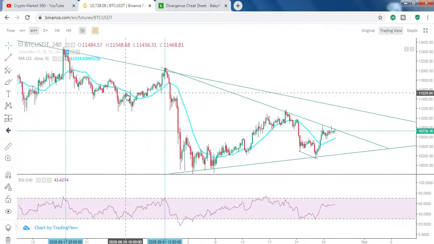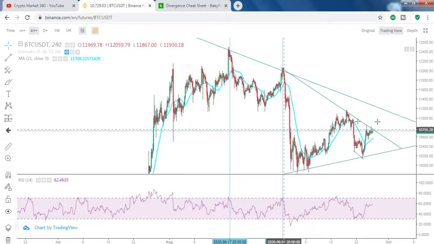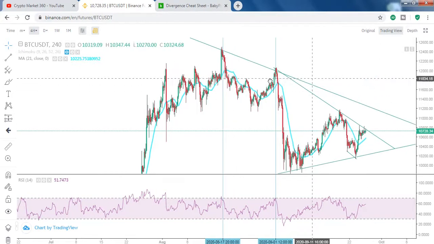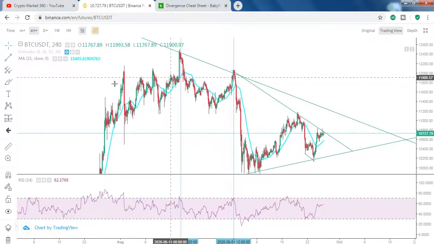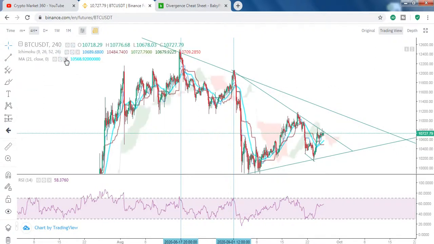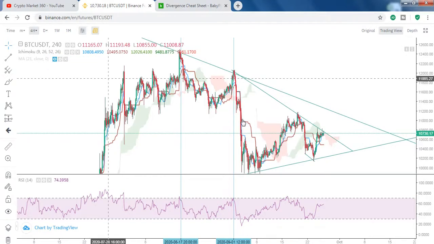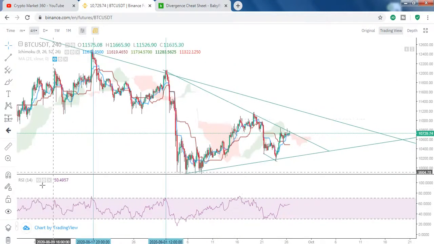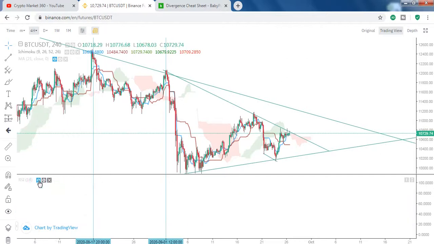As I moved from chart to chart, the line has changed a little bit. It's okay. Another thing I want to show you is the Ichimoku cloud. So let's hide this 21 MA.